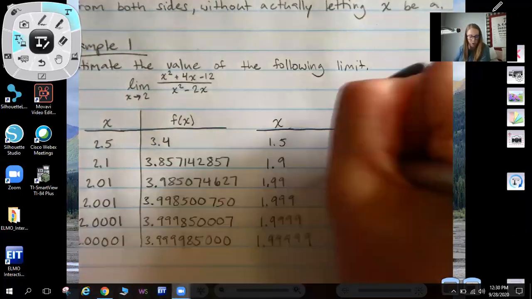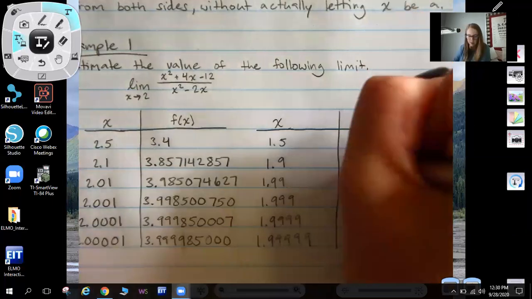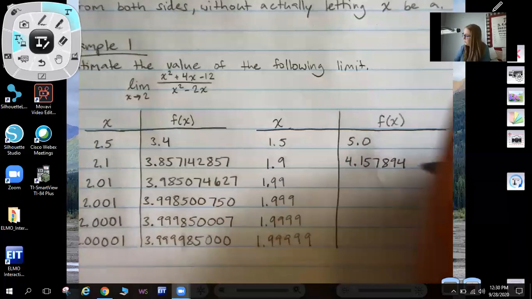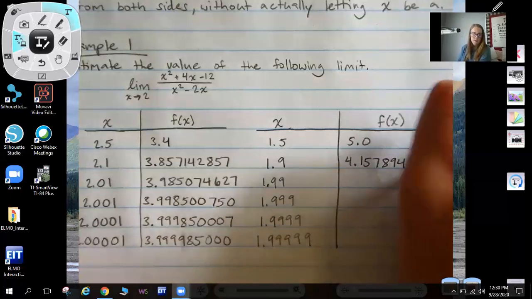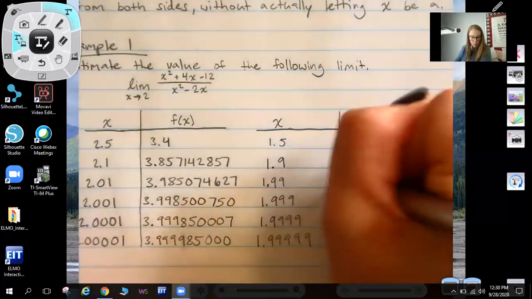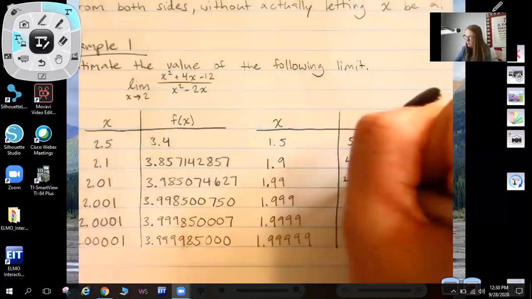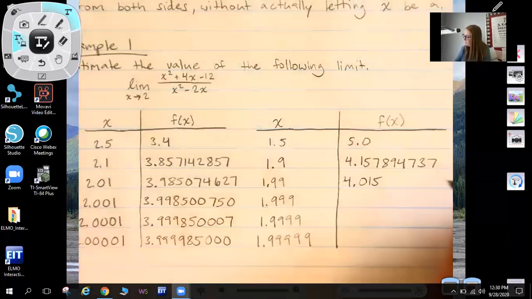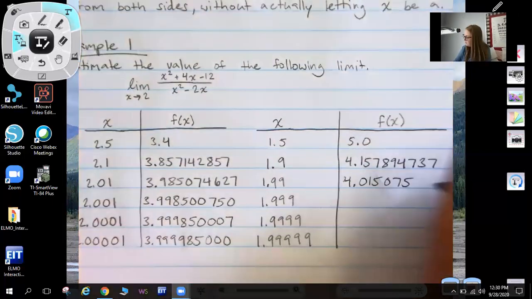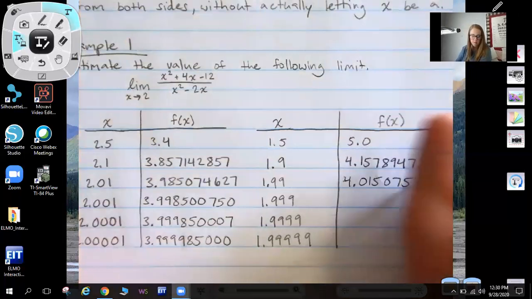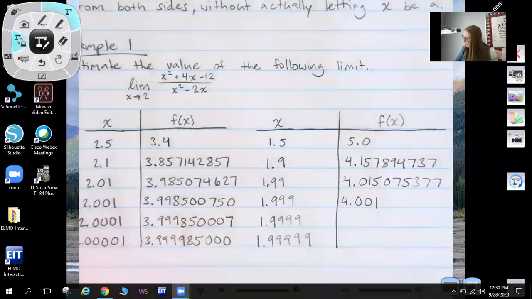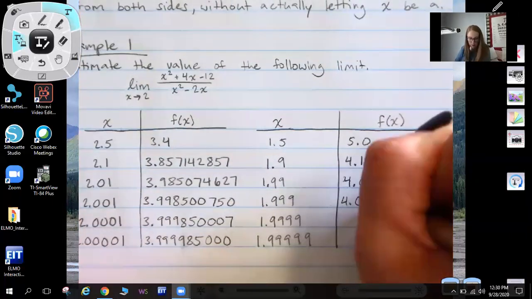Then we get 4.157894737. Then we get 4.015075377. Next one, we get 4.001500750.